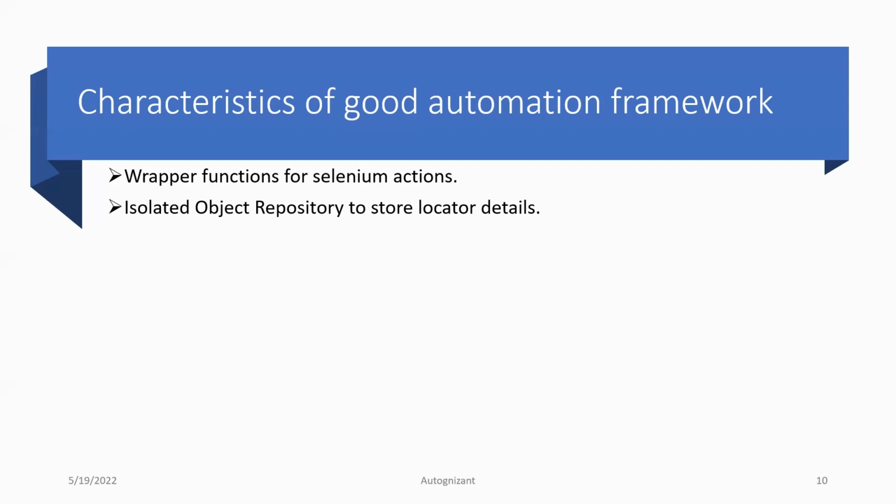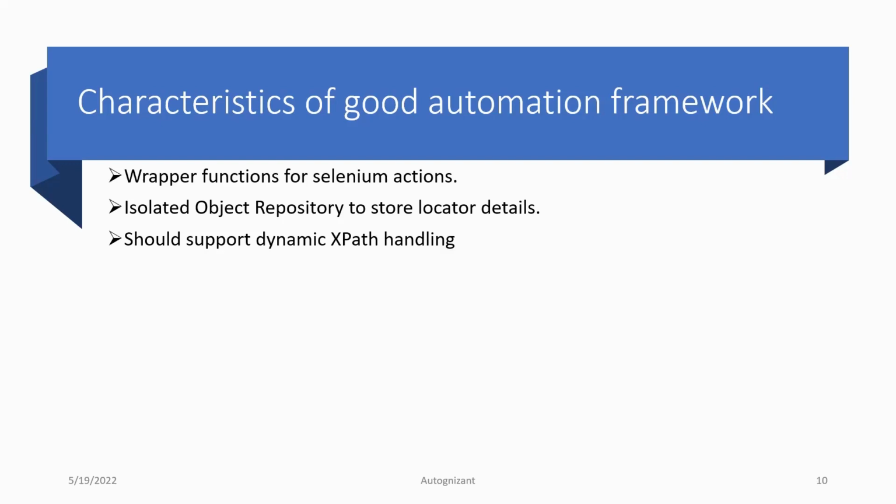The third point is dynamic XPath handling. Automation framework should support dynamic XPath handling. So what does it mean? When we look at web applications, they may contain grids and web tables. In those tables, the data keeps changing, right? And we want to click on a particular record for an edit action or for a delete action.